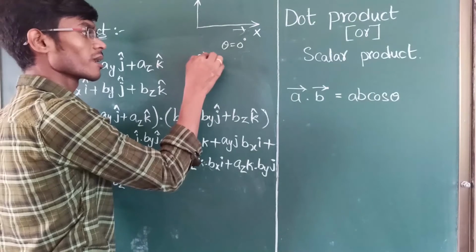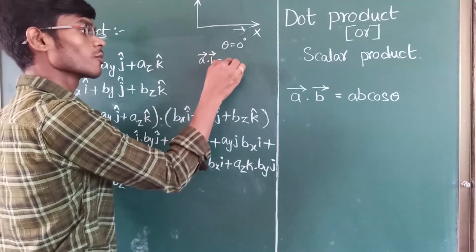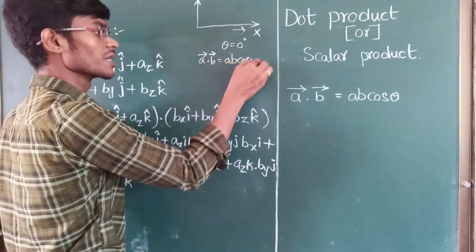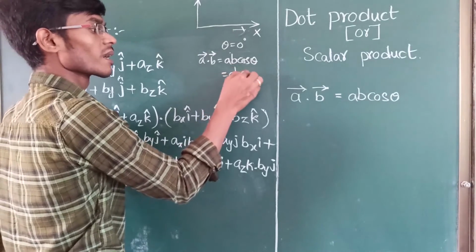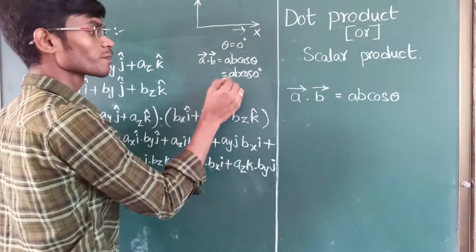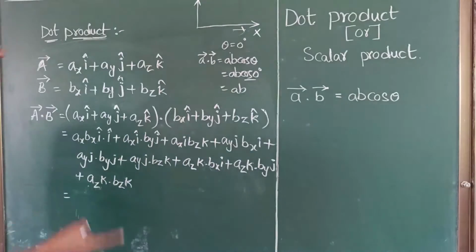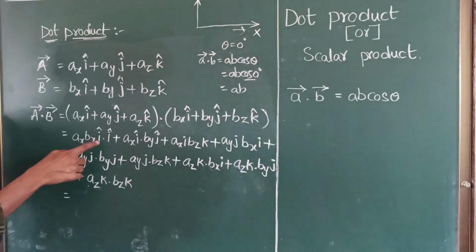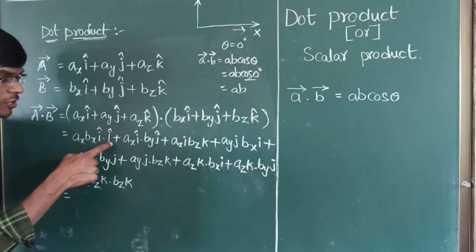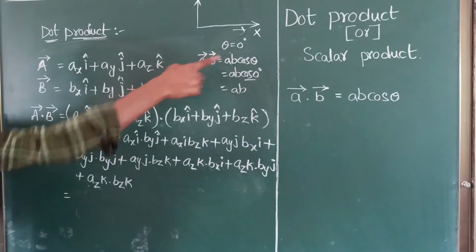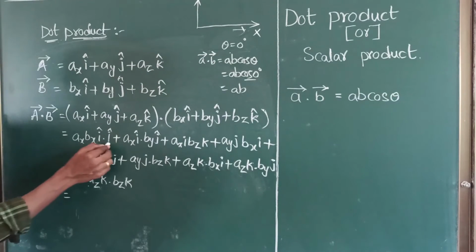Then A bar dot B bar is equal to AB cos theta, AB cos 0 degrees. Cos 0 value is 1. So i dot i will give us 1. i is a unit vector, i is also a unit vector, and here the angle is 0 degrees. That's why i dot i is equal to 1.